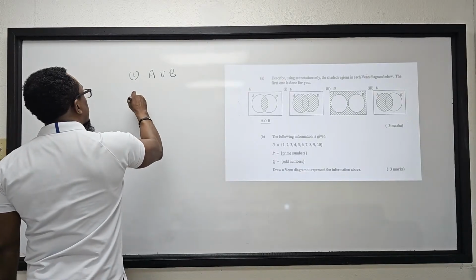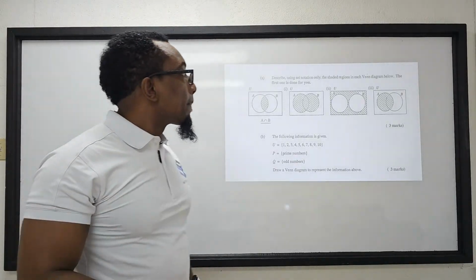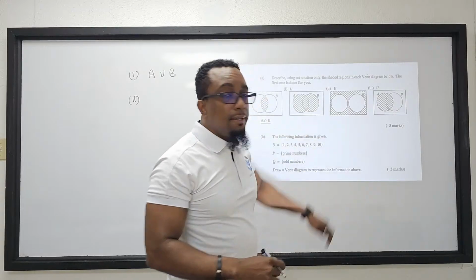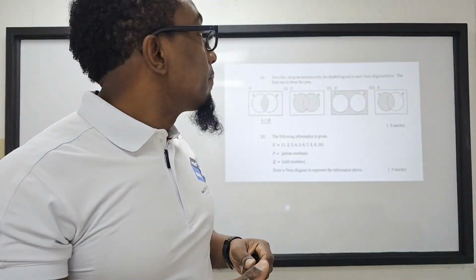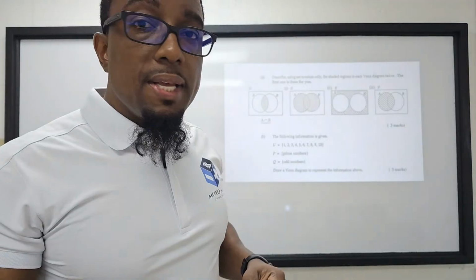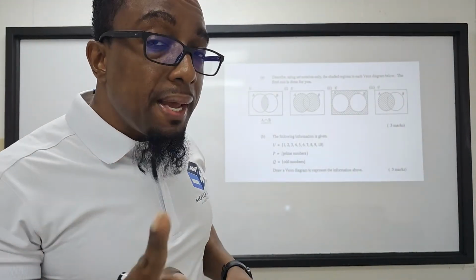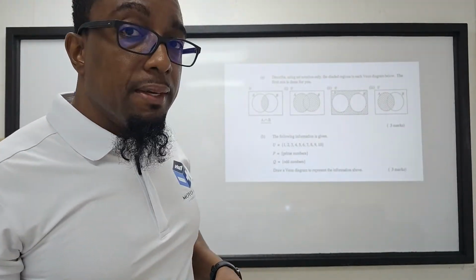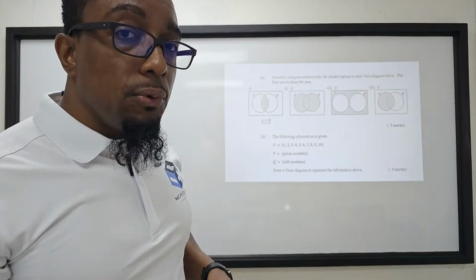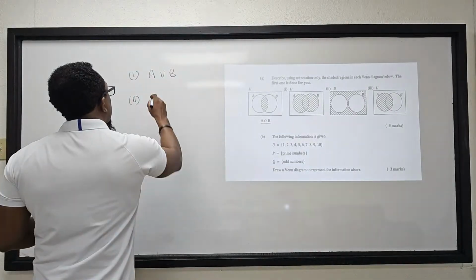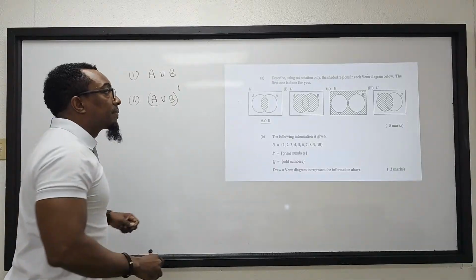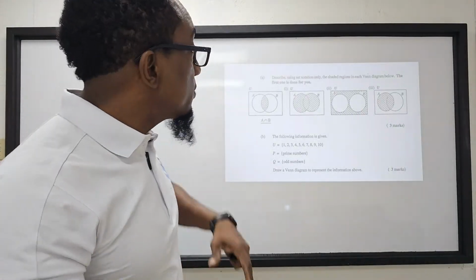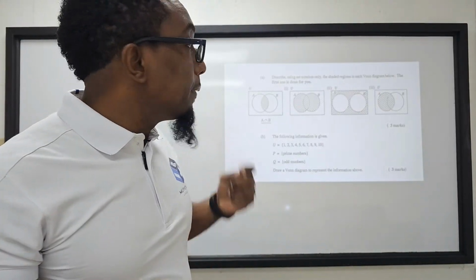2, this region here, remember we have this joint set which also represents union, but the region outside will be the what? Complement of A union B. So for part 2, this will be the complement of A union B. So you see that because they ask you that in the multiple choice, sometimes they bring it in the structured paper.